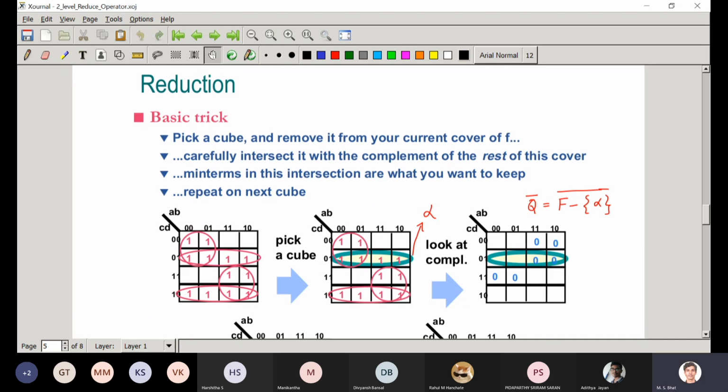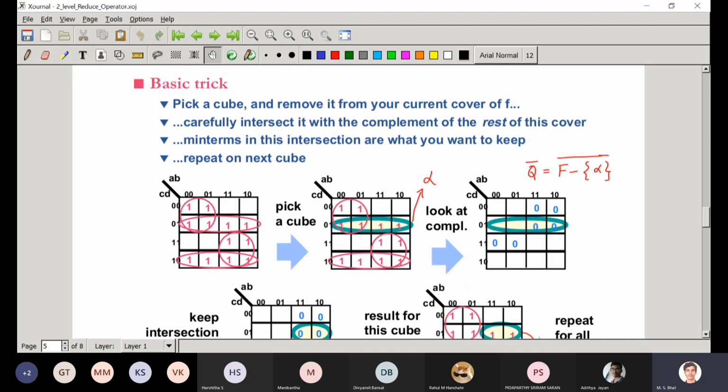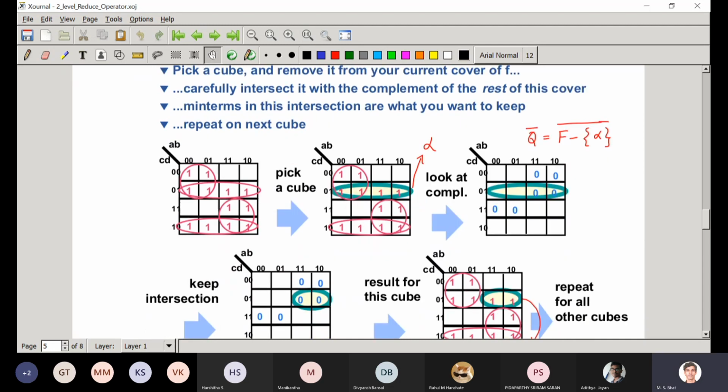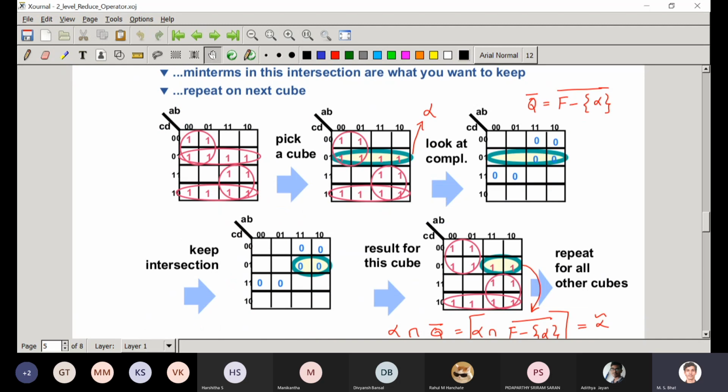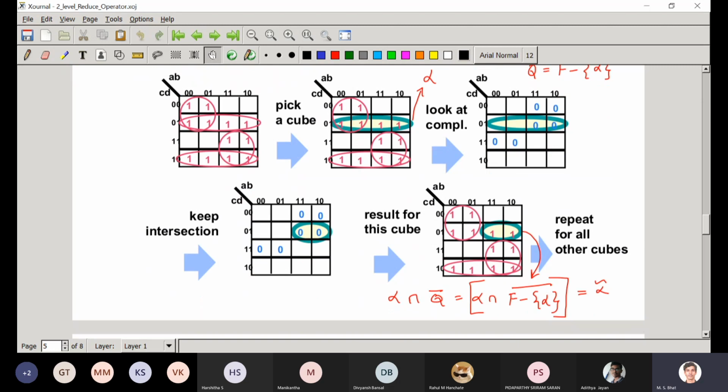Now find the complement of the Q you have obtained, F minus alpha. Its complement is this. Now intersect alpha with this complement, and you will get the reduced cube alpha tilde.